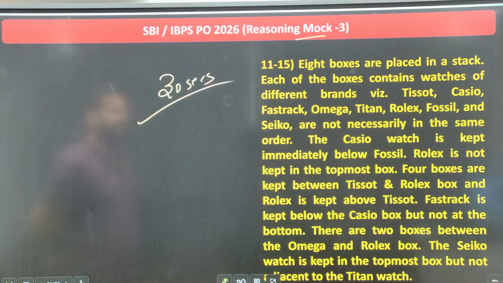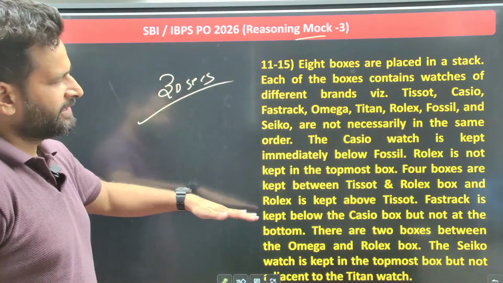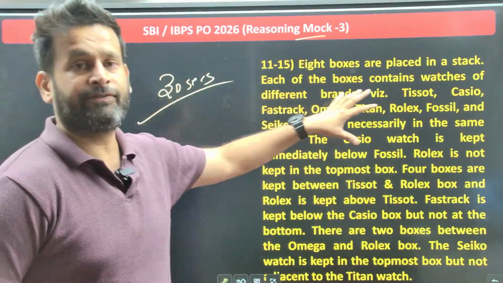There are a total of 8 boxes placed in a stack. Each box contains watches of different brands, followed by certain conditions. So basically, you need to arrange in a top-to-bottom arrangement. It is very similar to your floor-based arrangement.